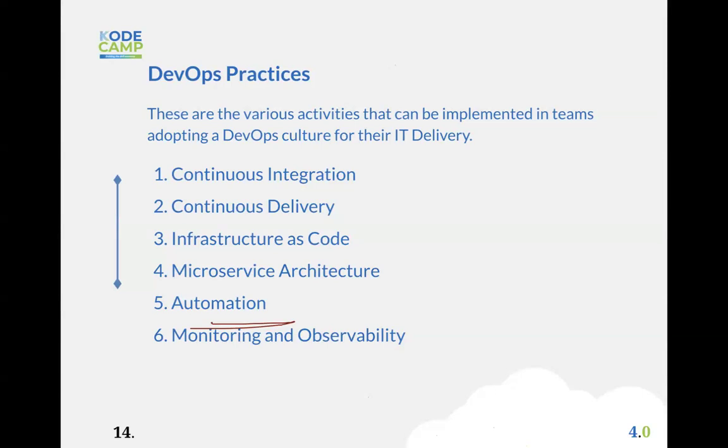Infrastructure as code, that's another thing that is involved in DevOps. Instead of manually configuring your infrastructure, instead of manually configuring your servers, instead of manually configuring your cloud resources, you need to be able to manage your infrastructure using code. Why?